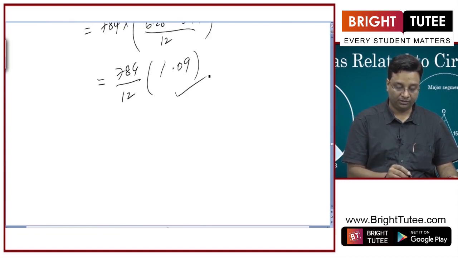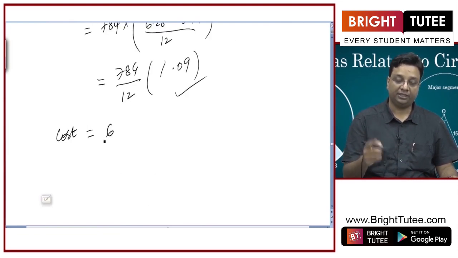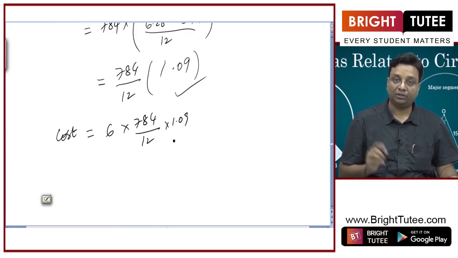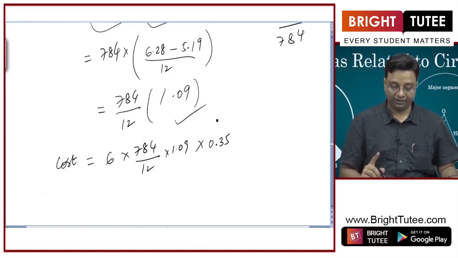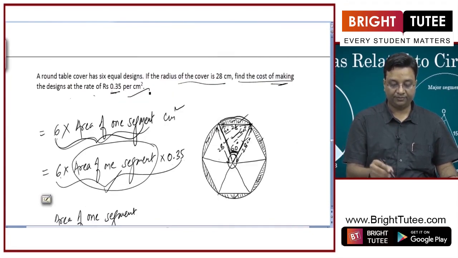Now for the cost, the total cost is equal to 6 segments are there. So 6 into 784 by 12 into 1.09 is the total area, right? And we need to multiply it by the rate of making this design, which is rupees 0.35 per centimeter square, right?